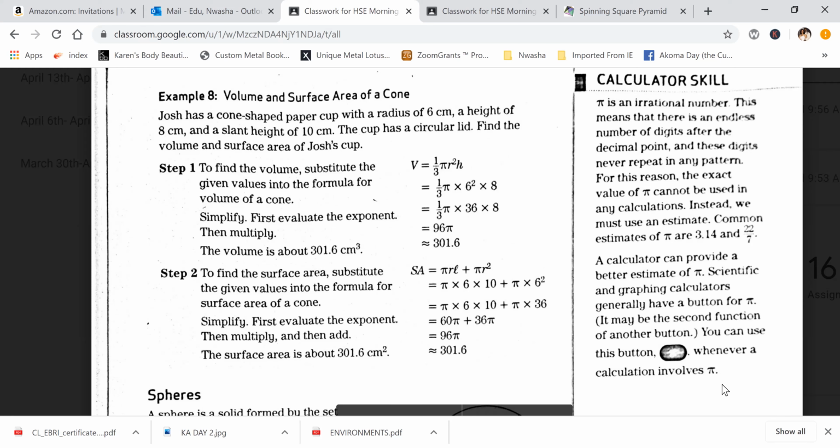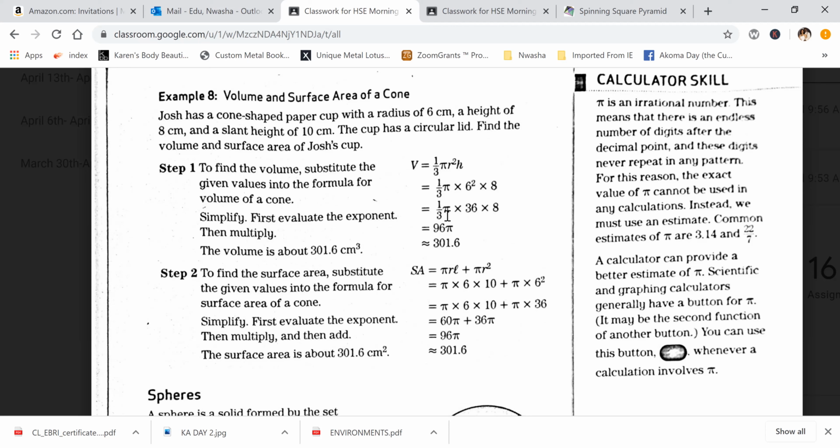So in step number 1, they're going to do volume. The volume of a cone is 1/3 of the cylinder. So what they're doing is 1/3 pi r squared h. They put 6 as the radius, so where they saw the r, they put the 6. Where they saw the h, they put the 8. So now they're saying 1/3 pi times 6 squared times 8. They're going to do the squaring first because this is really just falling back to the order of operations.